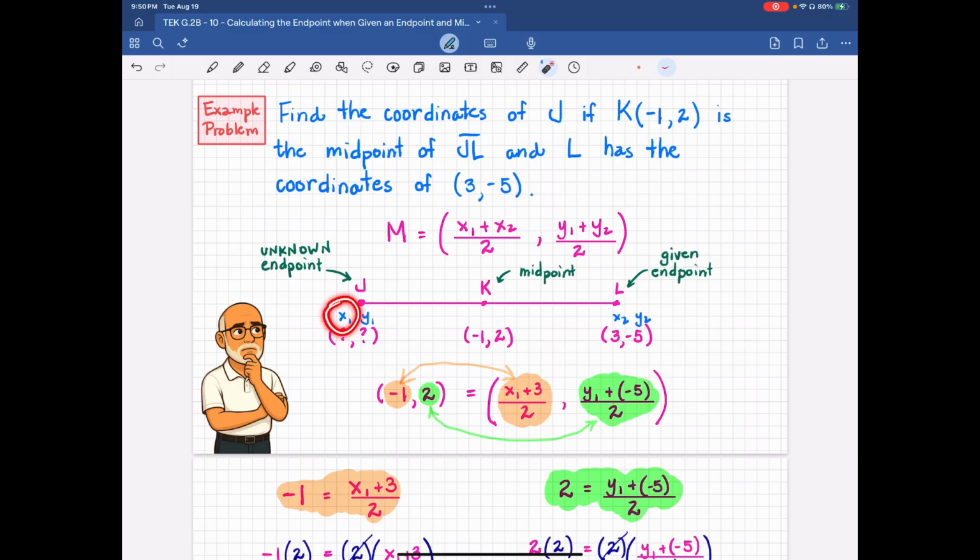So I'm going to take my x1 and add it to my x2, which is 3. So I get x1 plus 3, all divided by 2. And now I'm going to take my y values, which is just y1, and add it to my y2, which is -5, and I'm going to divide that by 2.